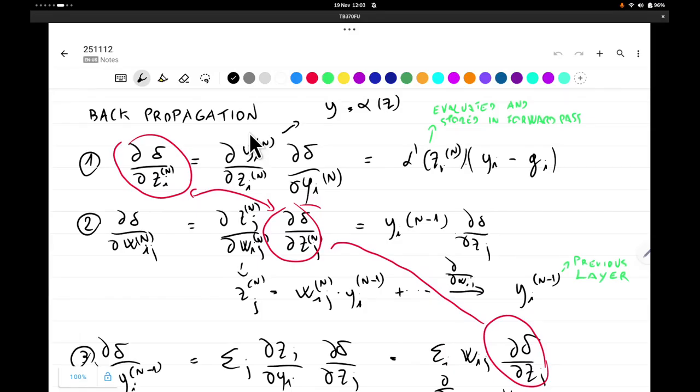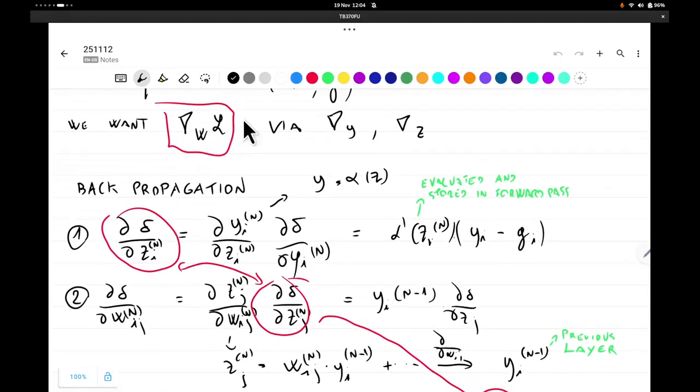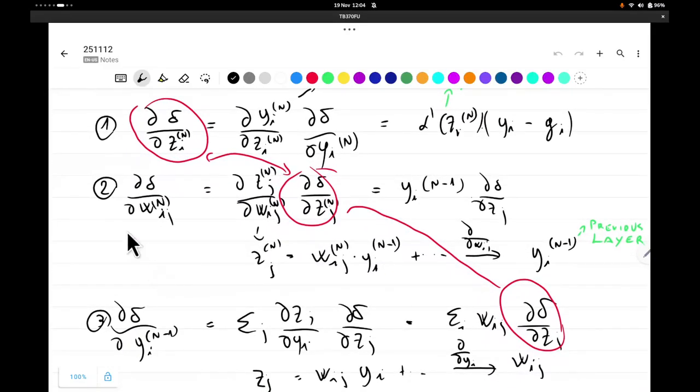So there will be a discrepancy between what that data point should give as an output and the output of the network. And this will give us how much we should change the weights in order to make the network give an output that is closer to the actual output for that particular data point. So this is where I jump between the small delta and the capital L. The small delta is always per data point.